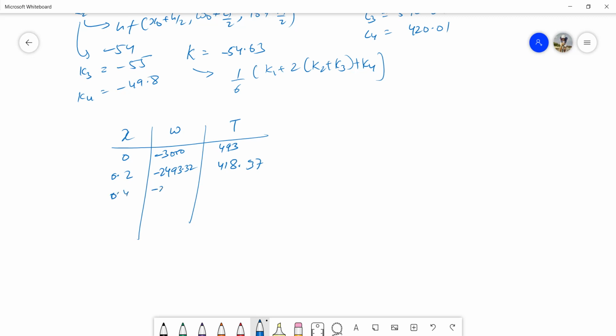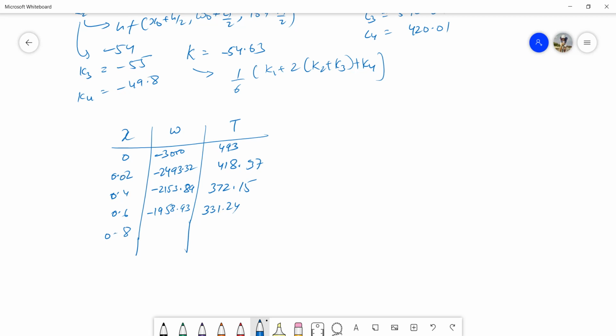This is minus 2153.89 and this is 372.15 at 0.6. Minus 1958.93. This is 331.24 and this is at 0.8.